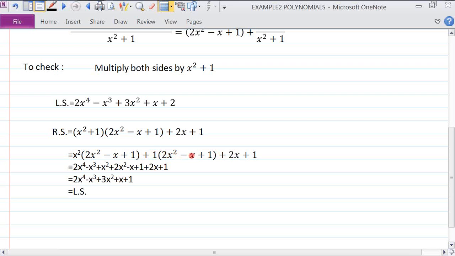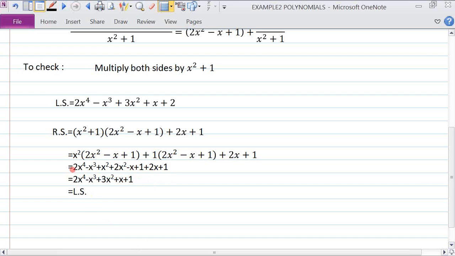Plus 1 times minus x gives me minus x. And plus 1 times plus 1 gives me plus 1. And then I get 2x plus 1 right here. So I should have 8 terms. 3 from here, 3 from here gives me 6, 7, and 8. 1, 2, 3, 4, 5, 6, 7, 8.